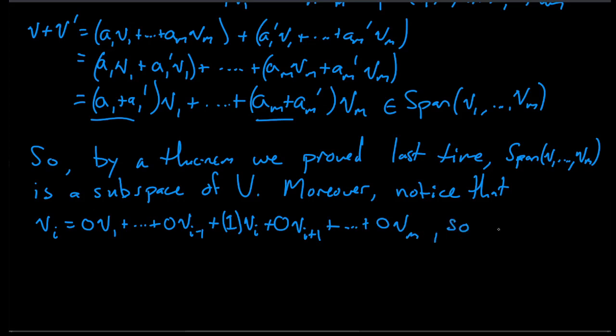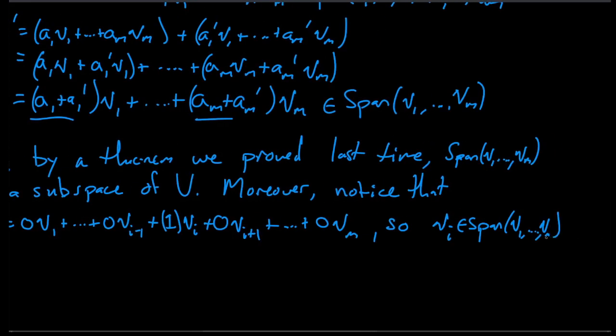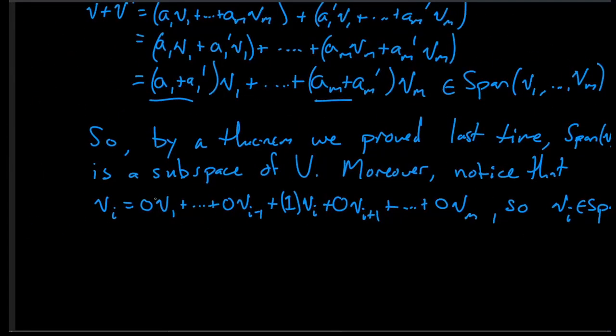So vi is in the span of v1 through vm, though I am being slightly lax right here because vi could be v1, so in that case you'd put a 1 right there and zeros next to everything else.